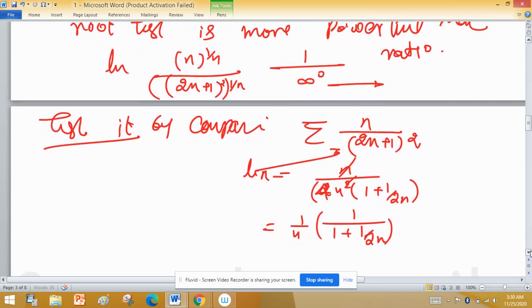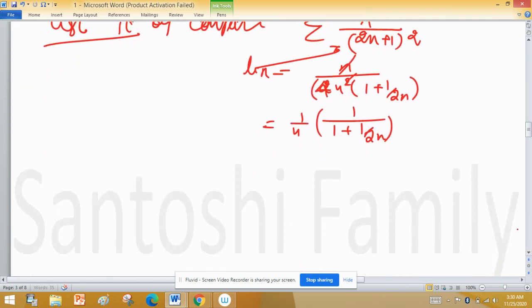Now take the limit. n is also here, because n square is in the denominator and the single n is cancelled out by the single n, so 1 upon n is left here. Consider this as Vn, so Vn is 1 upon n. The limit of un divided by Vn is 1 upon 4.